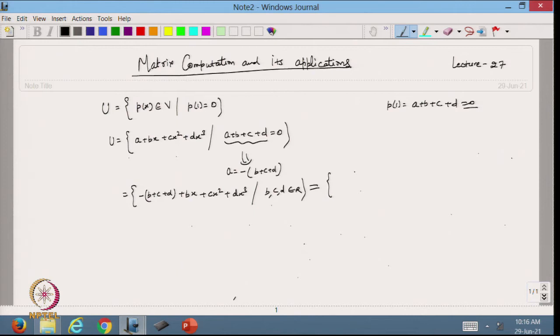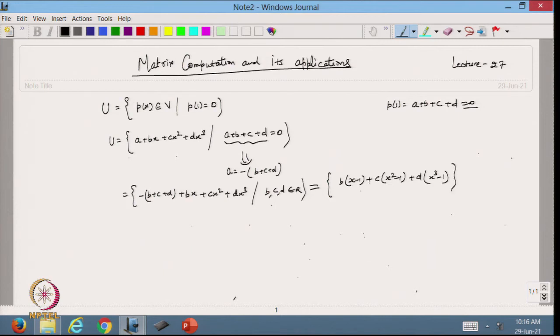Now, what I can do is take b common. Then I will get x minus 1, plus, taking c common, x square minus 1, and d will be multiplied by x cube minus 1.